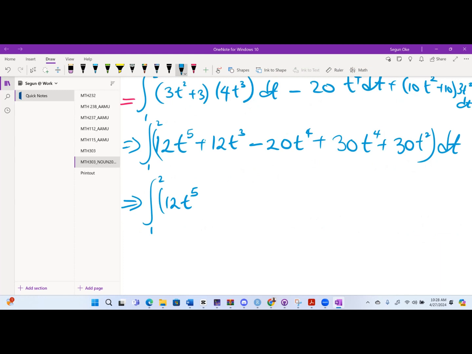What do you have? Do we agree? 40t. It can't be 40t. Yes. This one minus this will give you 10. So you have 12t raised to power what?